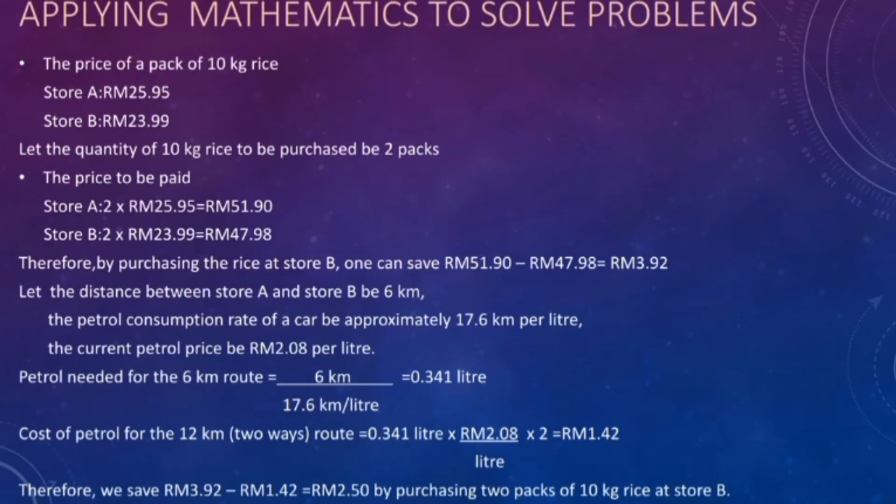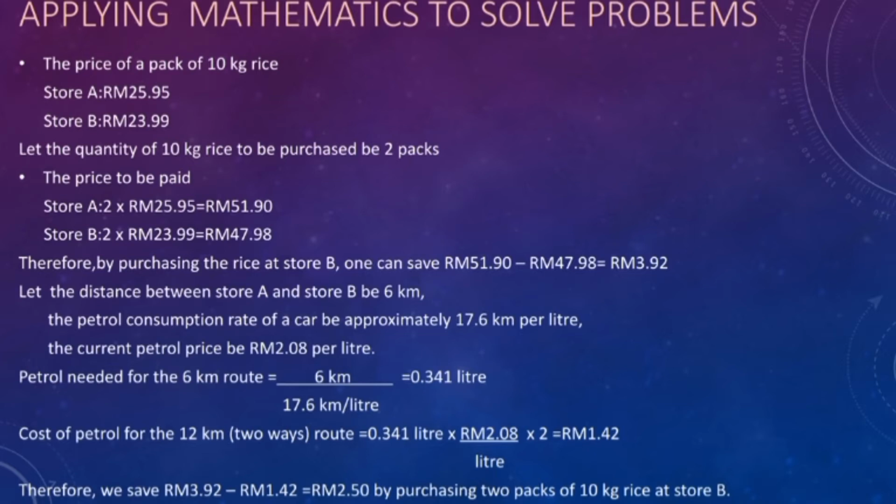Applying mathematics to solve the problem. The price of a pair of 10 kg rice in store A is 25 ringgit 95 cents, while store B is 23 ringgit 99 cents. Let the quantity of 10 kg rice to be purchased be 2 pairs.